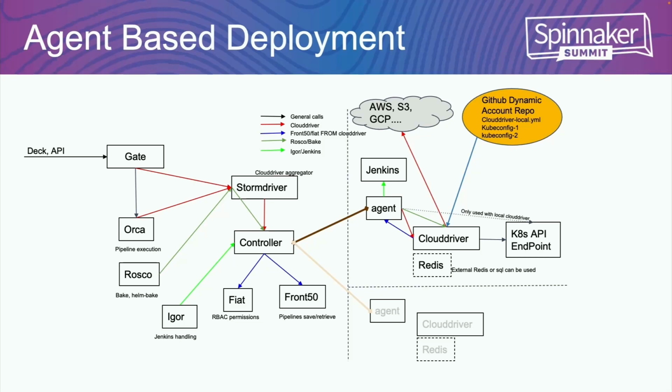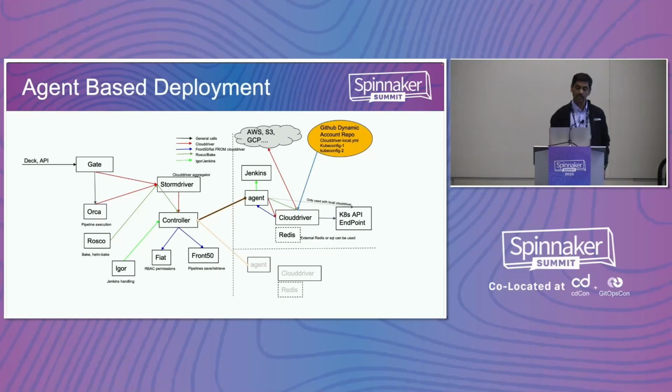So if Jenkins is on a remote environment, which is not directly accessible, you can have the same mechanism working: Igor connects to the controller, goes to the agent, to Jenkins, and gets the responses back, and Spinnaker will work as if it's all connected locally. And the reverse path also is the same. So if the cloud driver wants to talk to Fiat, it goes to the agent, controller, and goes to Fiat.